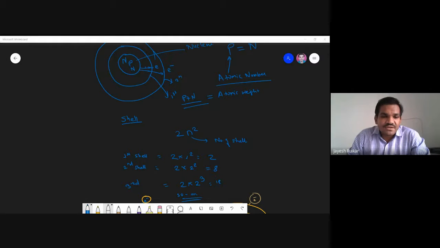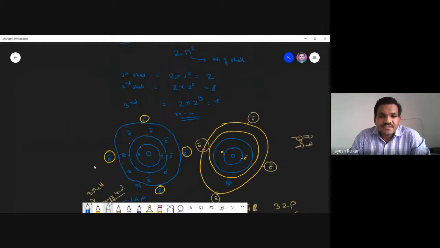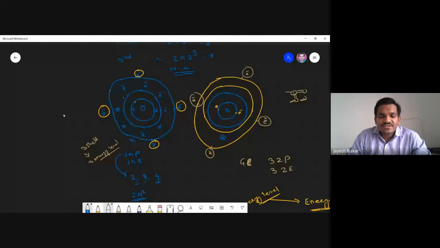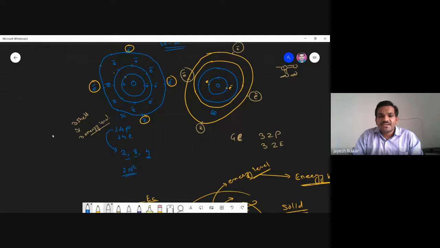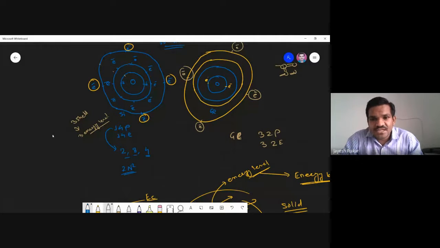Then we have seen the atomic structure of the silicon atom and the germanium atom. For the germanium atom there are 32 electrons, so it contains four shells, and in the fourth, outermost shell, it contains four valence electrons.